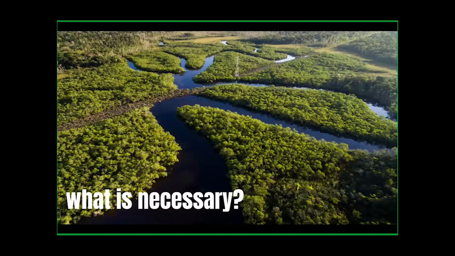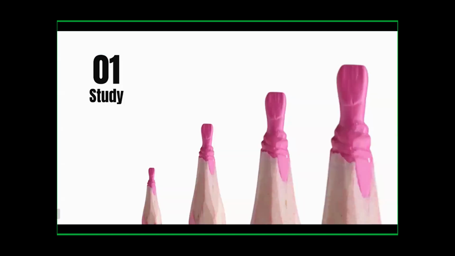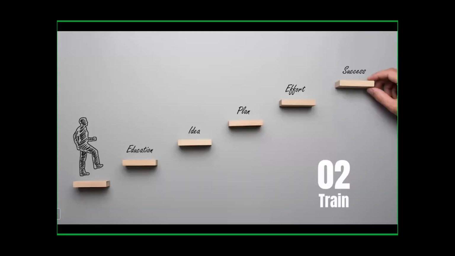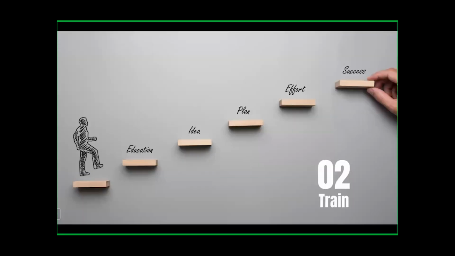So, what is necessary to improve our level? I list here three points that I think are essential. First of all, study. We have to study morphology because without the restoration in our head, we aren't able to build it in the patient's mouth. So we need to train hard, but if you train without study, it's only repetition.